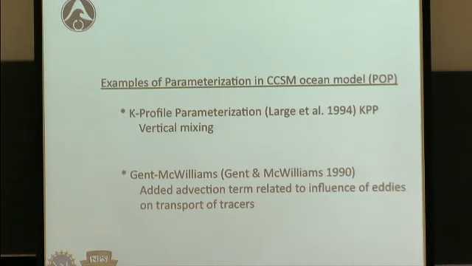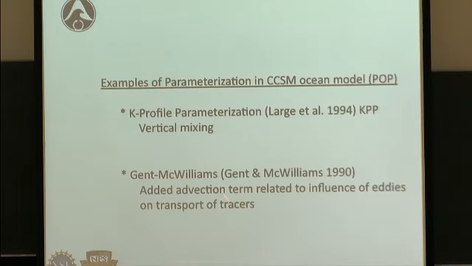Just to give some examples of some of the parameterizations in the ocean model, the POP model. We have the vertical mixing parameterization, and that's Bill Large's effort. And then the Gent-McWilliams parameterization or scheme.